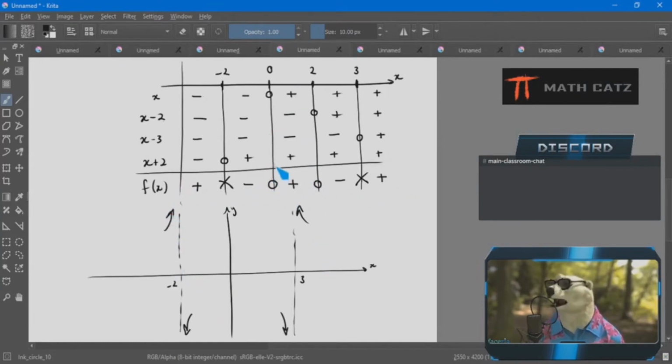I also get the y-intercepts for free here at 0 and at 2. But what the graph looks like past this, I don't know. And that's also not the question. So it's very handy to see this table, and it is a way to pick which arrow is which in step 2.